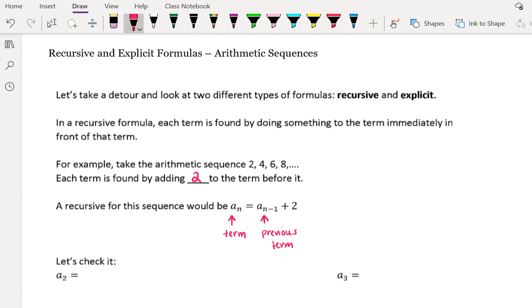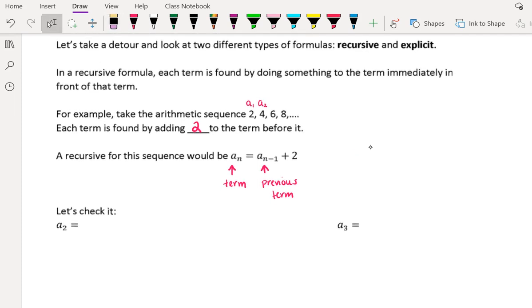Okay, so for example, let's suppose that we take the first term. So this is a sub 1, and this is a sub 2. How do I get the value of the second term? A sub 2 is equal to, I'm getting ahead of myself, sorry about that.